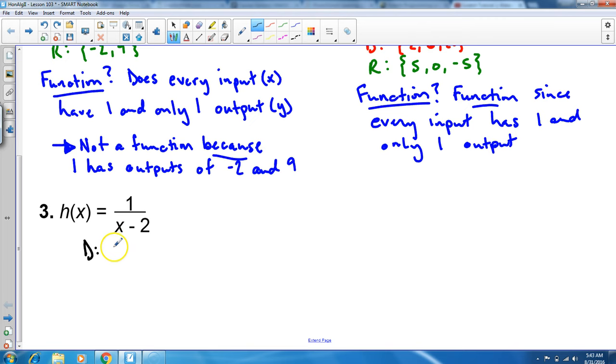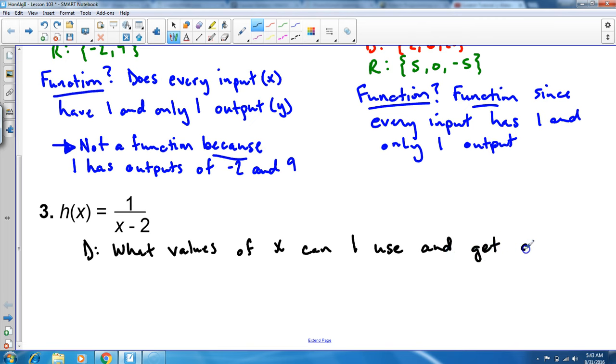In other words, what values of x can I plug in or use and get an output that works.